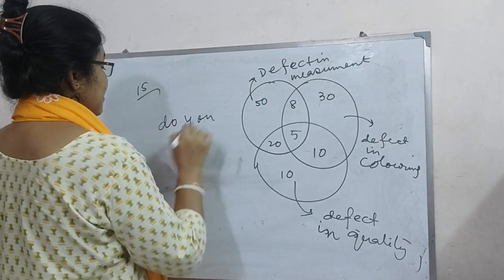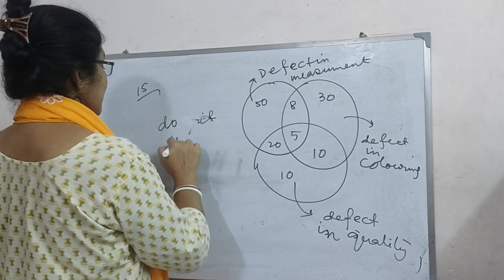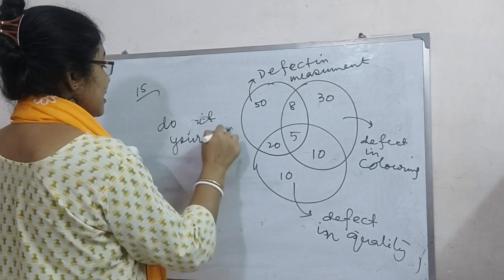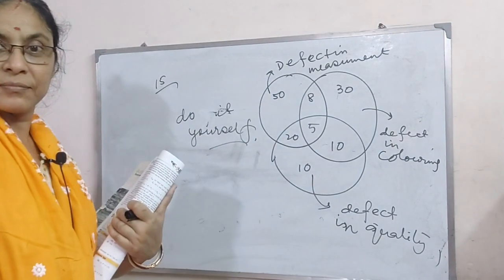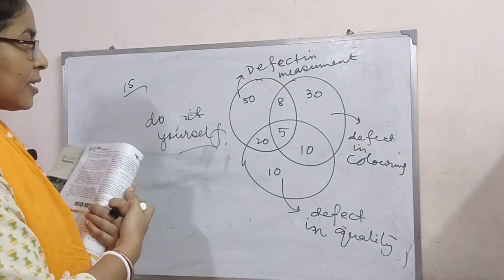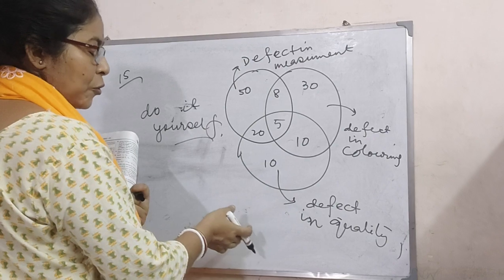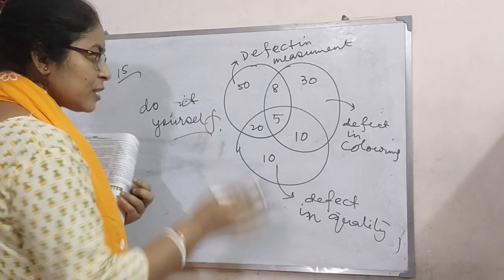Do it yourself. This is the same type of sum. Here I draw a picture, and from the picture everything is clear.